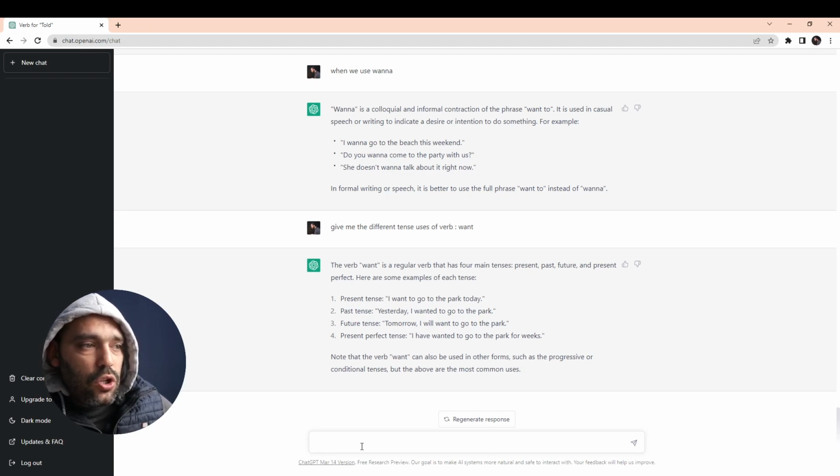Future tense: tomorrow I will want to go to the park. Present perfect tense: I have wanted to go to the park for weeks. Note that the verb want can also be used in other forms, such as the progressive or conditional tenses, but the above are the most common uses.